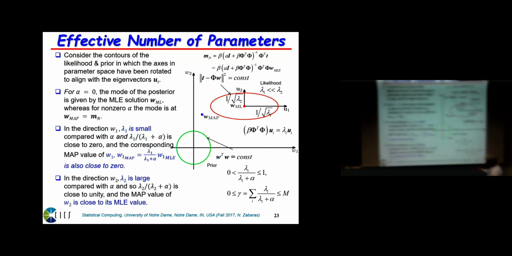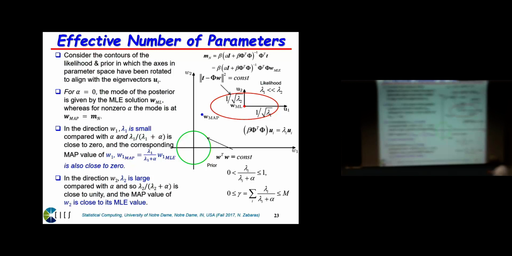What I want you to visualize here is the following. If we take the eigenvalue lambda 1, which is the smallest, and lambda 1 is very small, what happens to this coefficient when lambda 1 goes to 0?